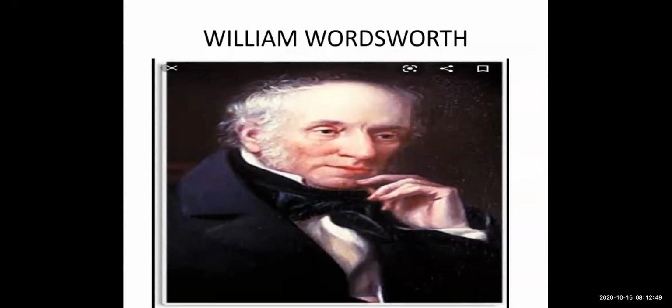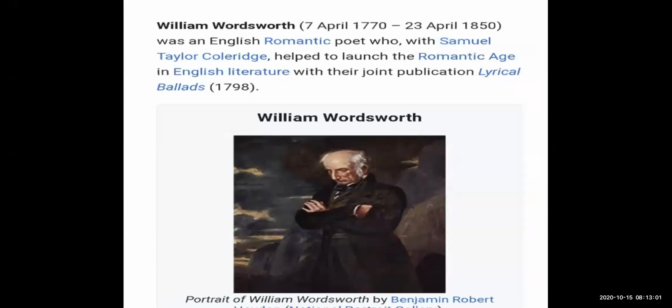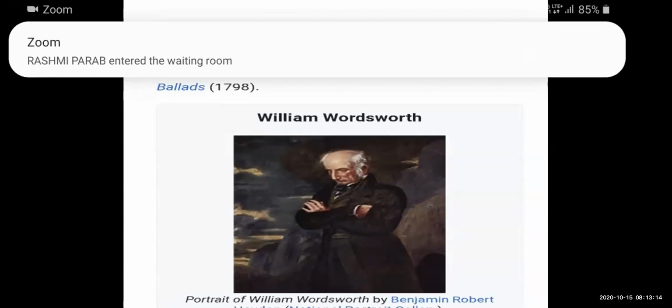Here, this poem is written by William Wordsworth. We see his photo in this picture. William Wordsworth was born on 7th April 1770 and he died on 23rd April 1850.